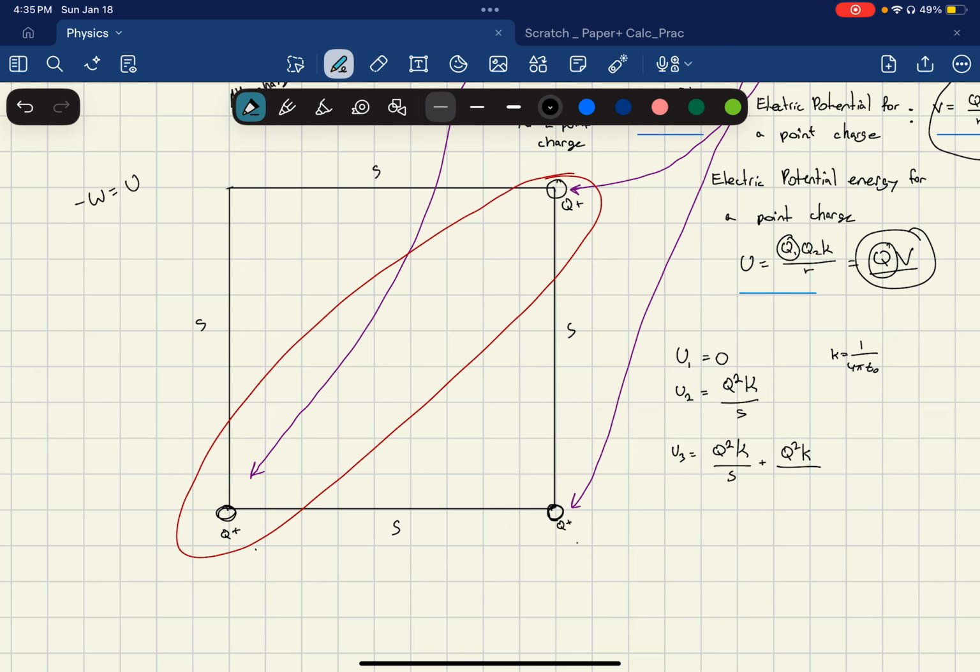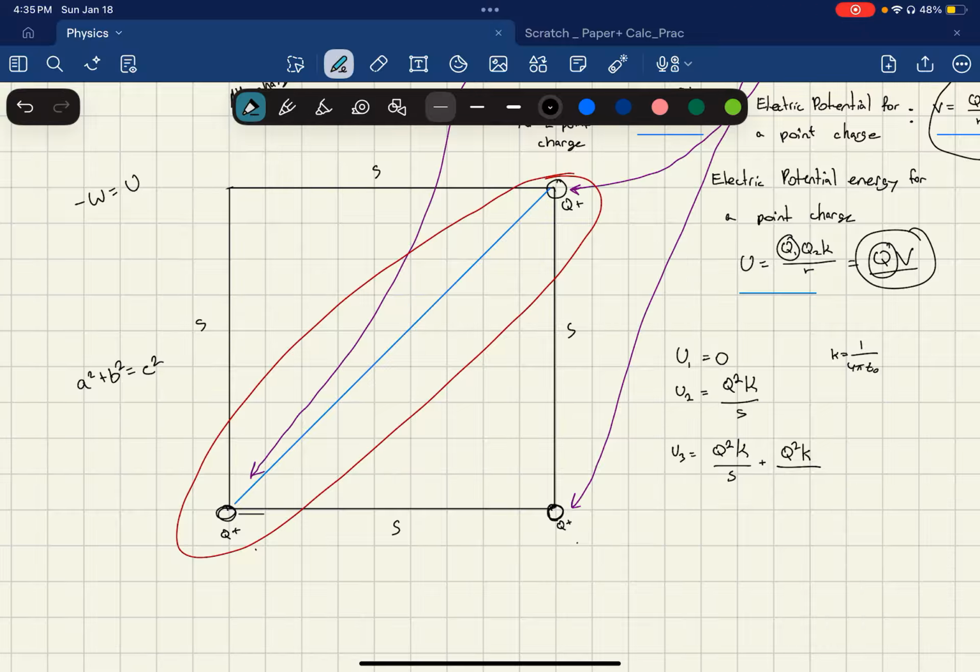But now, what is the distance? We have to figure out what the distance is, because the distance is not S. The distance is, in fact, this diagonal of the square. It's not going to be S, because S is just this horizontal side. So what's the distance? Well, using our famous Pythagorean theorem, a squared plus b squared is equal to c squared.